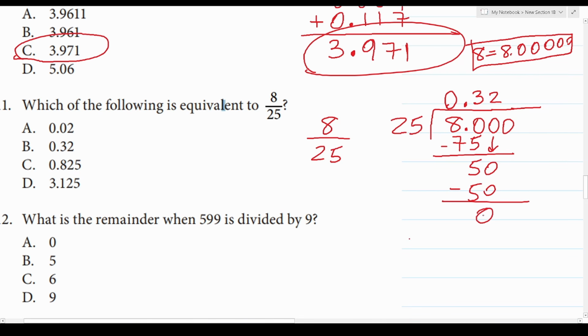So we can see we have 0 now. This 0 tells us we can stop performing this long division. There's going to be no remainder. And our answer is 0.32, which is B. Okay, and I do have a video on long division if you need some more help with that.